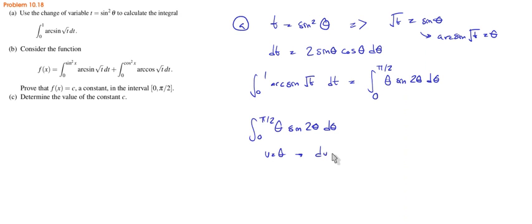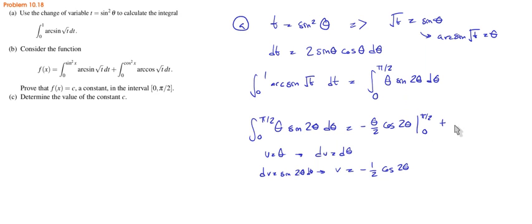We can do this like this, u is theta, and dv is the sine of 2 theta, and v is minus 1/2 of the cosine of 2 theta. Okay, so this is minus theta divided by 2 times cosine of 2 theta between pi over 2 and 0, plus 1/2 of the primitive between 0 and pi over 2 of the cosine of 2 theta.